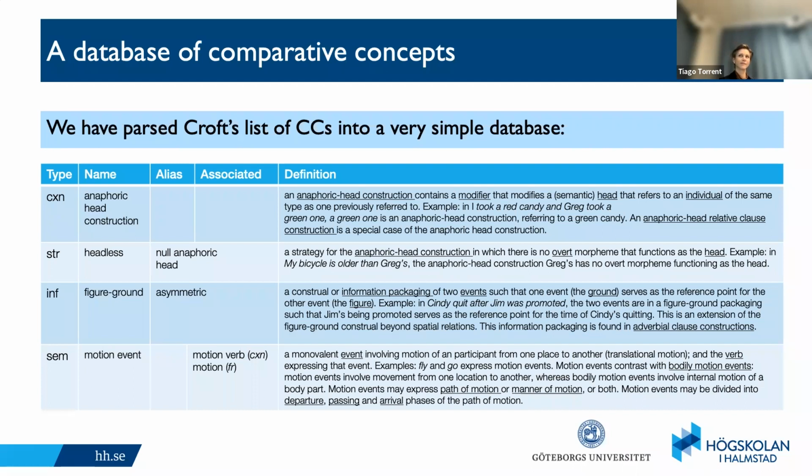We have just started talking about how to merge our databases. Every concept has a certain type that has a name. There are some aliases; they can be called different things. A concept can have associated concepts and then a definition. The definition contains links to other comparative concepts.